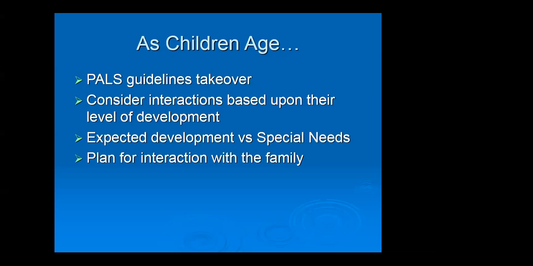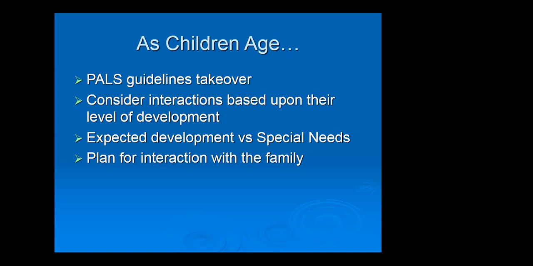And then again, plan for the interaction with family. They're going to be often stressed, worried. There may be family dynamics going on there that you get brought into the middle of, but know ahead of time what your plan to deal with them is, what your policies are as far as who can ride, who can't ride, where they can ride.